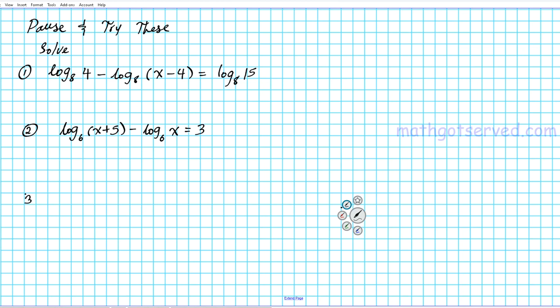And for number 3, let's say you have the natural log of x minus 5 plus the natural log of 5 equals 3. And for number 4, the natural log of x minus the natural log of x minus 1 equals 2. Go ahead and pause the video presentation at this time and try these 4 problems. When you're done, click on the playback button and we'll show you what the answers are.